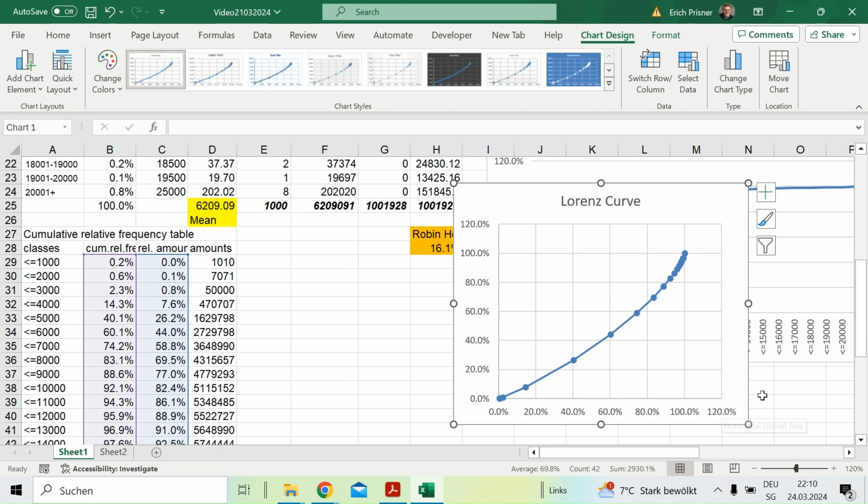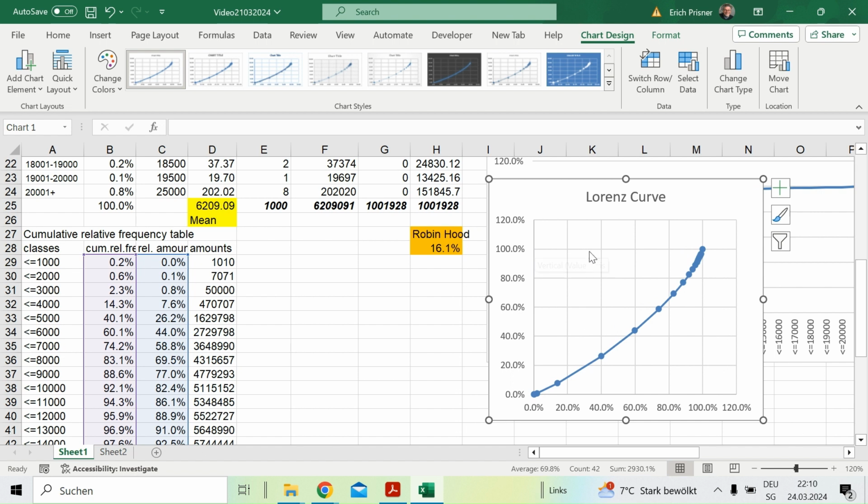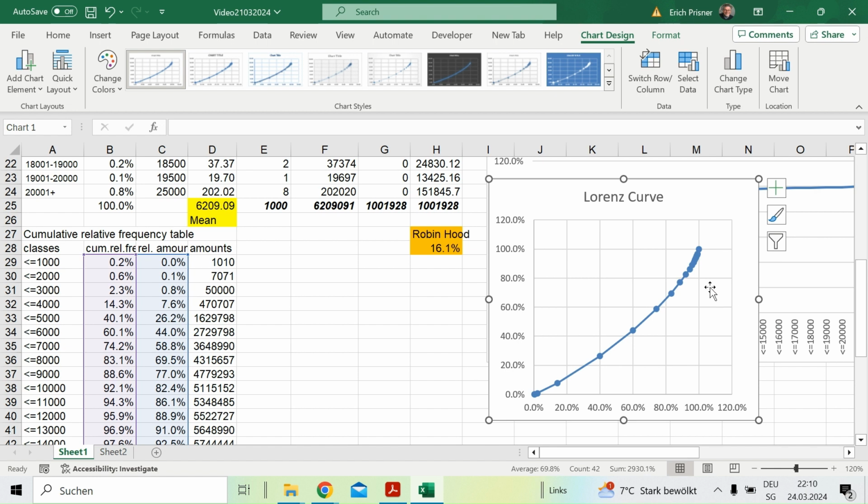If you don't like this, you can change it, but I really don't bother. So for me, this is my Lorenz curve. And again, keep in mind, my square is essentially going around here. So changing this again is easy. You must just format the axis, but I think that's all right. So here's first step of our approach, the Lorenz curve of our data.